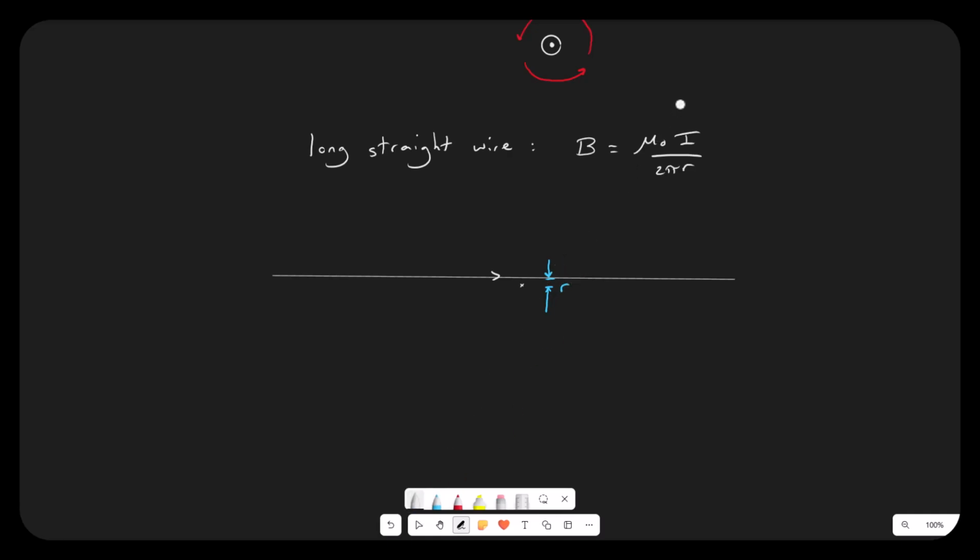This mu naught is called the magnetic permeability of free space. And it has a value that's pretty easy to pick out. Mu naught is going to be 4 pi times 10 to the negative 7th, and that is Tesla meters per amp.